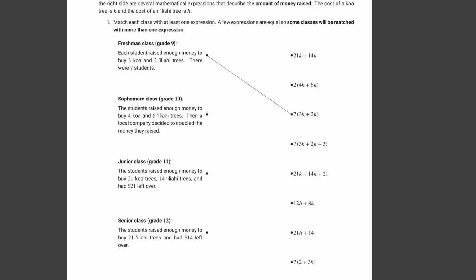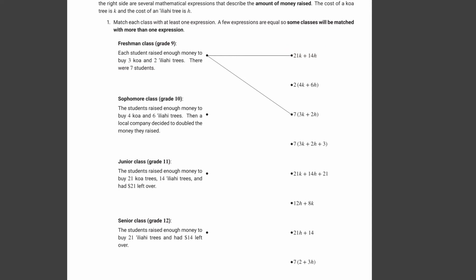There were 7 students, so we can take this expression and multiply by 7. This is given by the third expression on the right-hand side. 7(3k plus 2h). If we distribute the 7, then we'll have the equivalent expression 21k plus 14h, which is the first expression on the right.